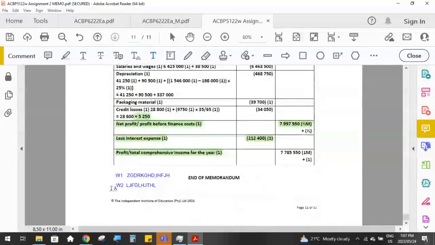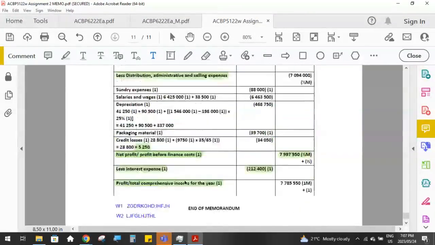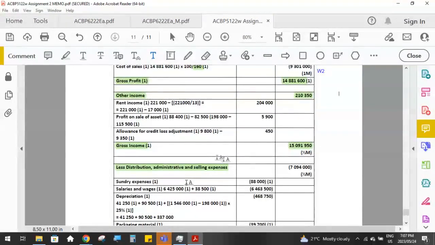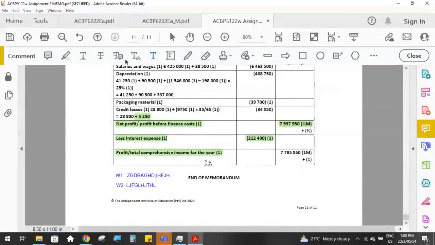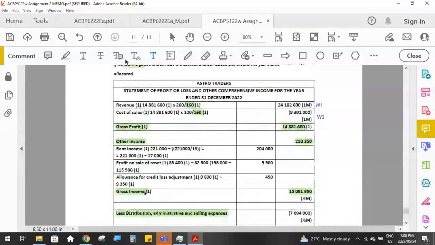But please don't just put a bunch of workings all over your paper and not number them and not cross-reference them to where you've used them. And also, if you've got workings here, use a description where you'll say workings 1 revenue, so you can see this is my workings for revenue, this is my workings for cost of sales, or whatever it is. It's very, very difficult to follow if students just write a sea of numbers with no descriptions or references at all.